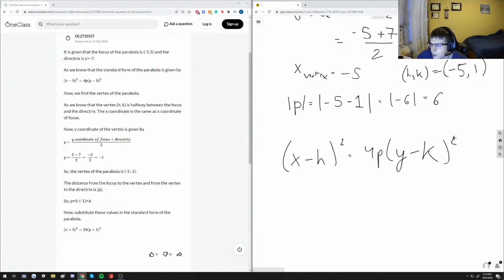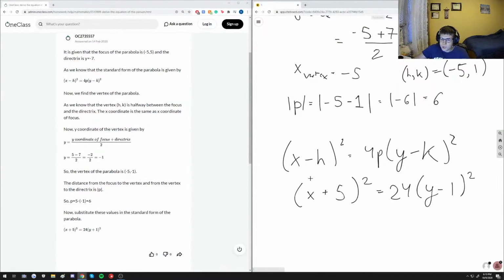Our h and our k we found already, that would be -5 and 1, so we get (x plus 5) squared is equal to 4 times 6, which is 24, times (y minus 1). And for this reason, this is the correct answer.